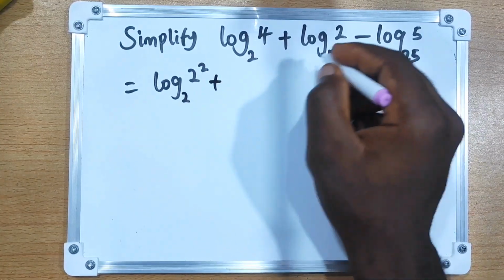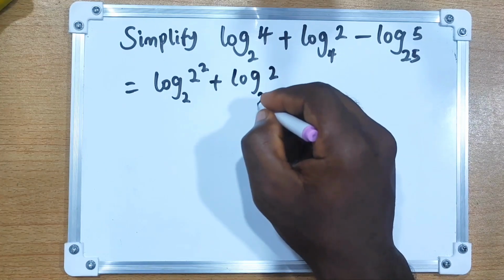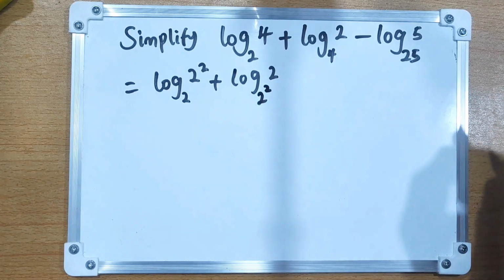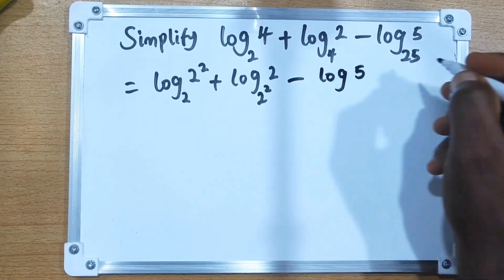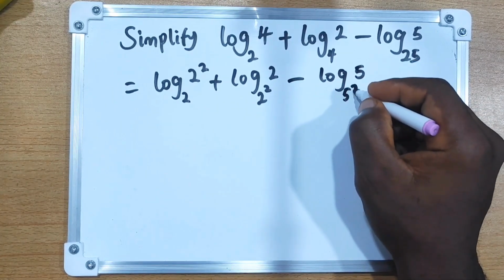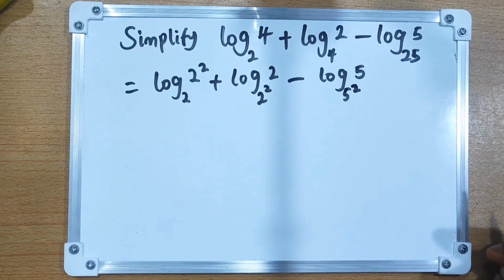The other one is log 2, and the 4 in the base is the same thing as 2 squared also. Then minus log 5 to base 5 squared. 5 squared is 25. So at this point, what do you do next?